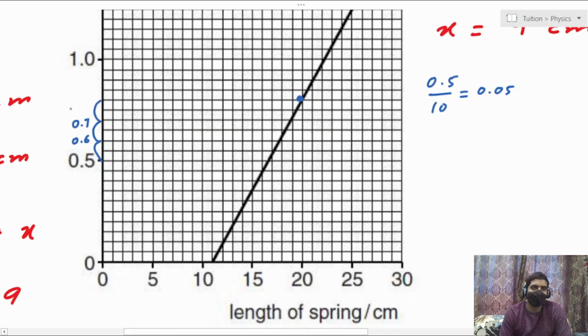After the next two lines you get 0.8. Next two lines you get 0.9. After the next two lines you get 1.0. Basically you get a difference of 0.1 after every two lines. So in that case this one would be 0.9 and 0.8. All right, so this point here on the y-axis represents 0.8 Newton.